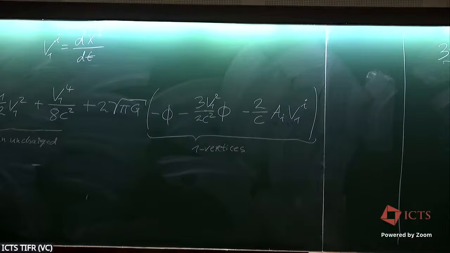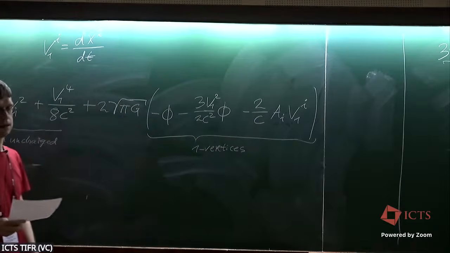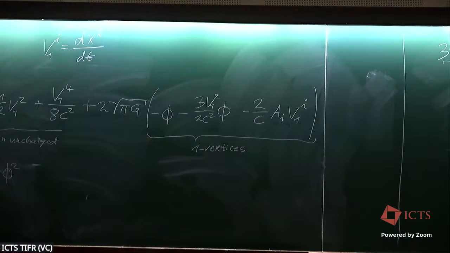Now, next thing that we have is the 2 vertex, which we also had seen in the topologies, which is quadratic in phi. The term quadratic in A would contribute only at higher orders, so we can neglect it here.